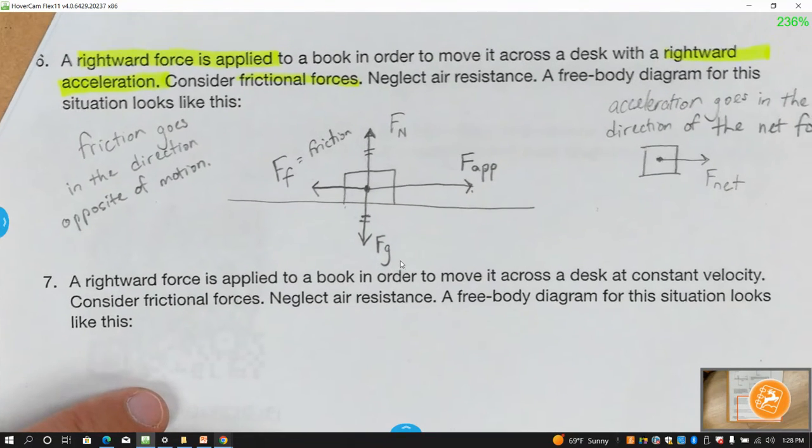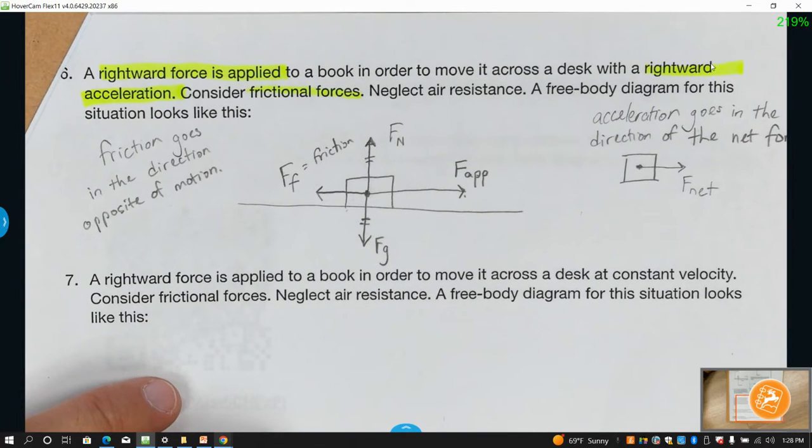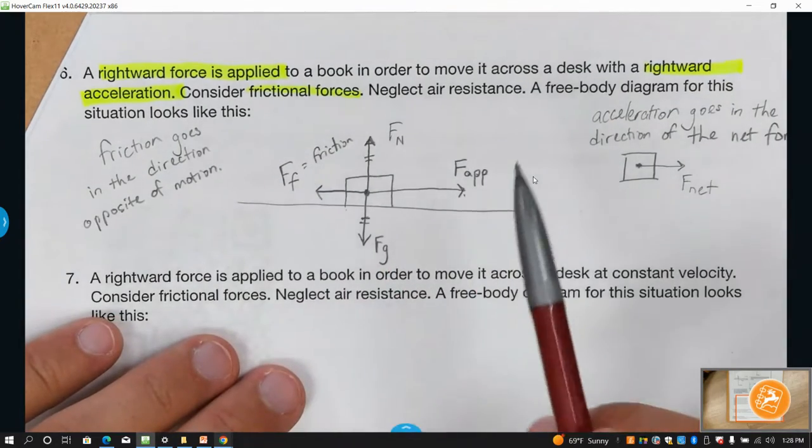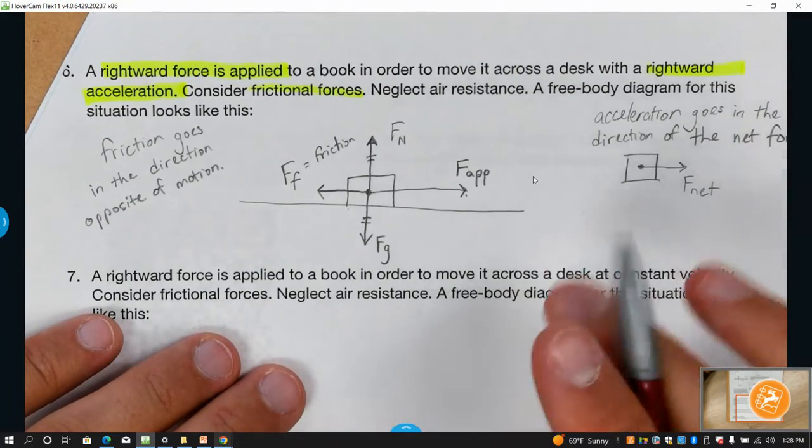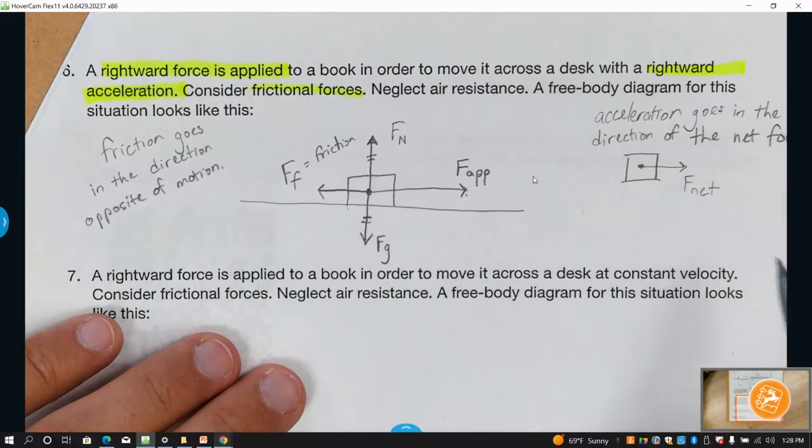So if this thing is moving to the right, by telling us that it's accelerating to the right, that means friction would have to be drawn to the left. They could have said this thing was getting pushed to the left, in which case friction would be drawn to the right.